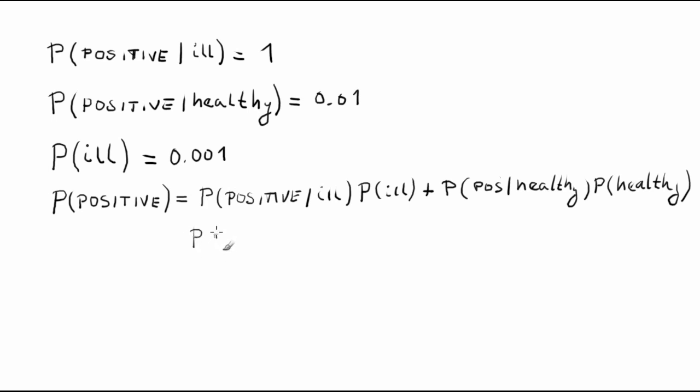Here it is natural to set probability of you being healthy as a probability of not being ill, namely probability of being healthy equals 1 minus probability of being ill, which equals 0.999.